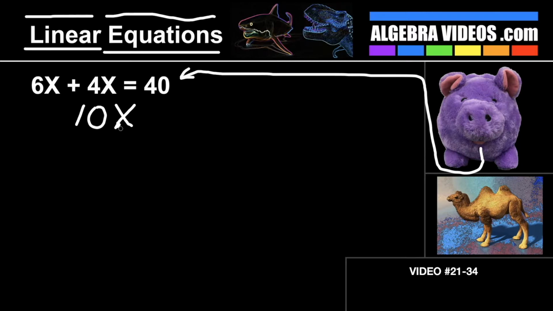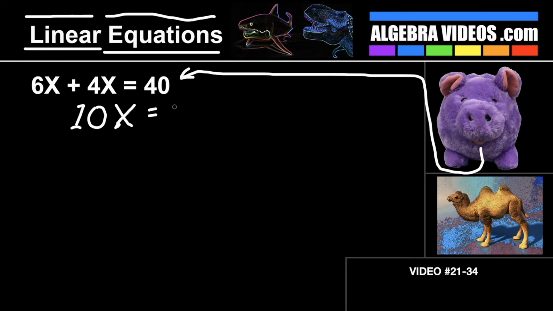If you have 6 limes plus 4 limes, you have 10 limes. If you have 6 pigs plus 4 pigs, you've got 10 pigs. Okay? So 6 times anything plus 4 times anything is the same as 10 times anything. Or in math, we say 6x plus 4x equals 10x.